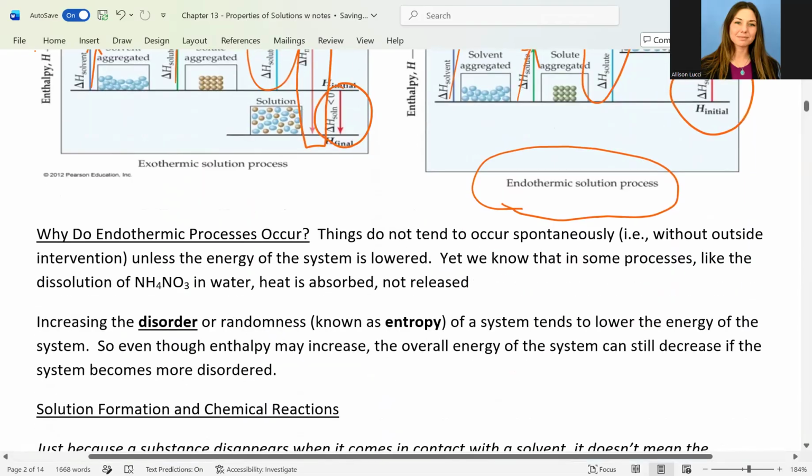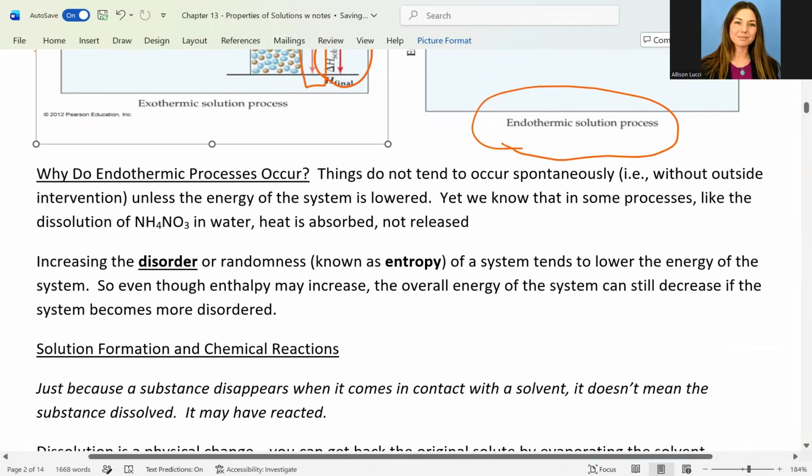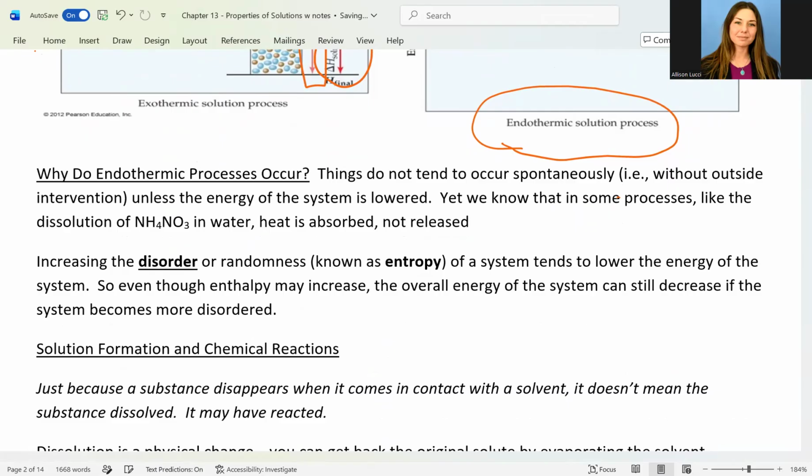So we might ask ourselves, why does that happen? Because we know that things don't just occur spontaneously without any outside intervention with an endothermic process. But we do know that dissolving will happen for this specific salt here, ammonium nitrate, in water when heat is absorbed.